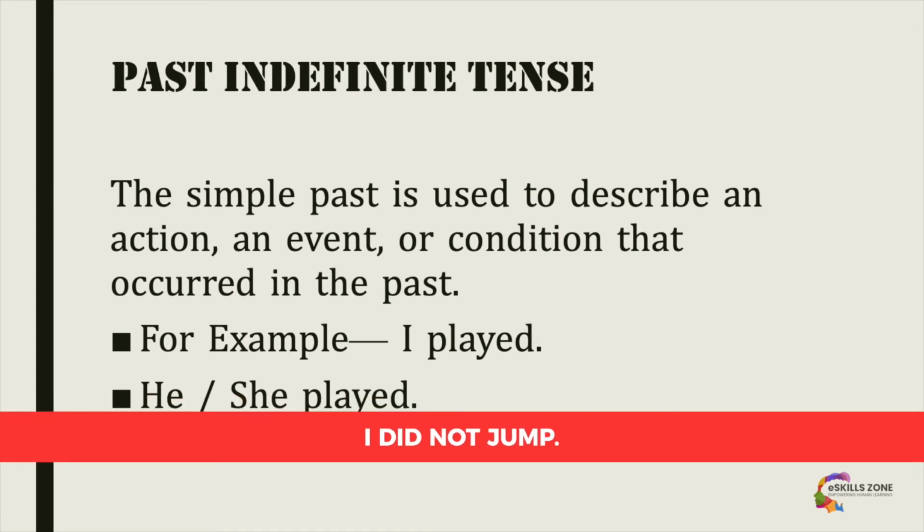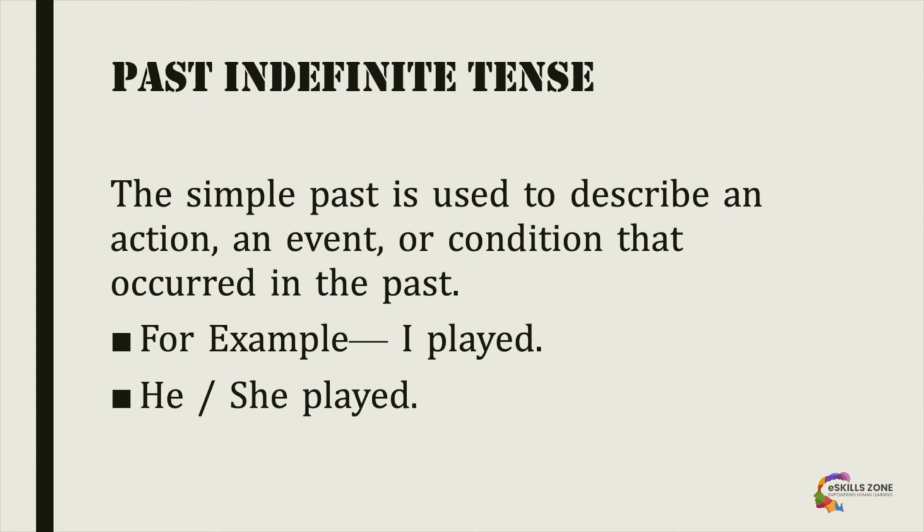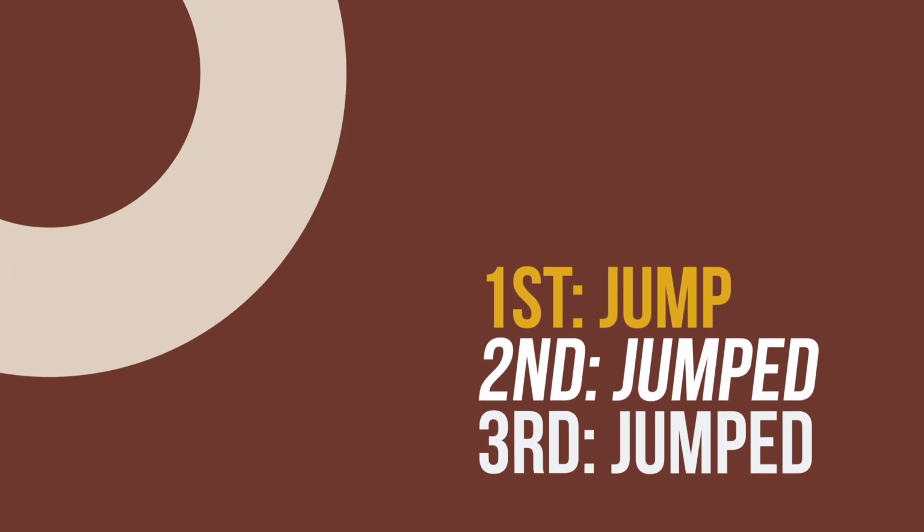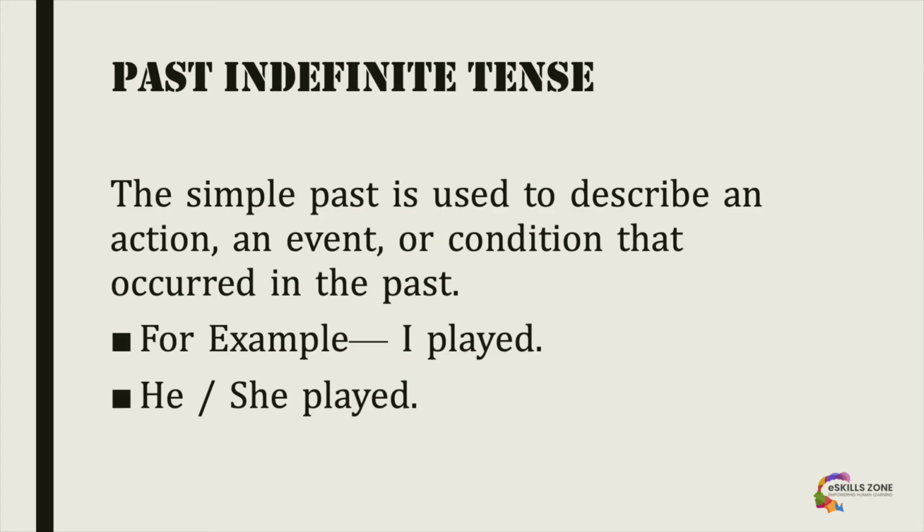And here, while we are converting the positive sentence into negative, we will be using the first form of the verb. The first form of the verb here is jump, the second form is jumped, and the third form is jumped. Okay, so now we will be converting this positive sentence into interrogative.